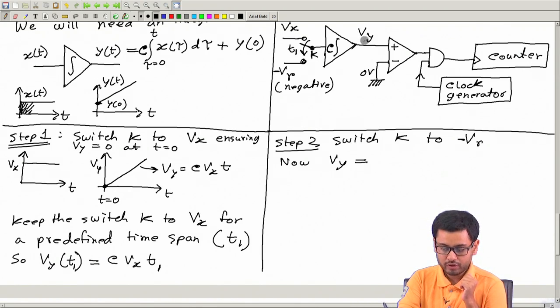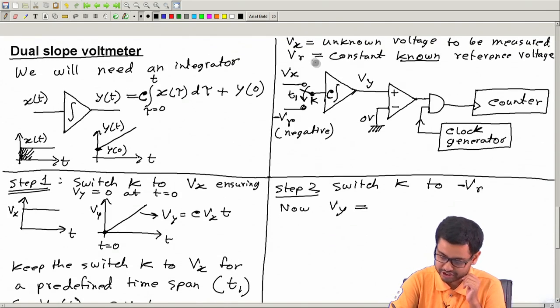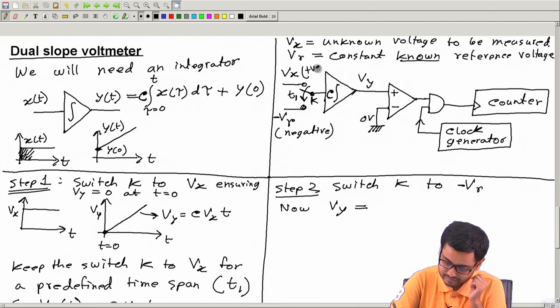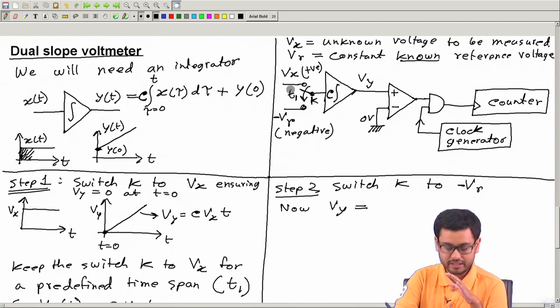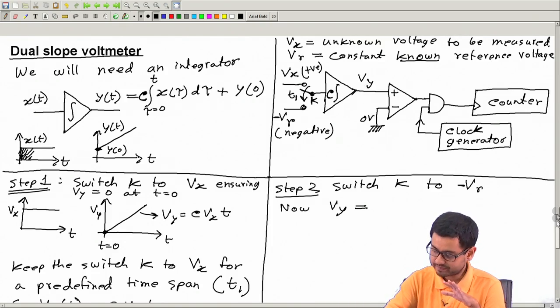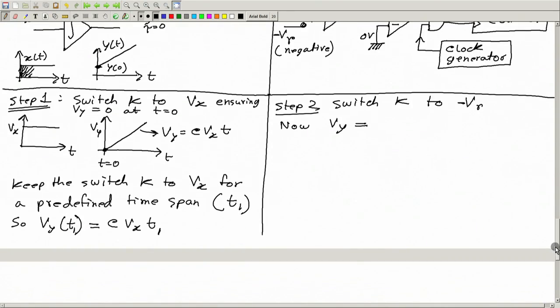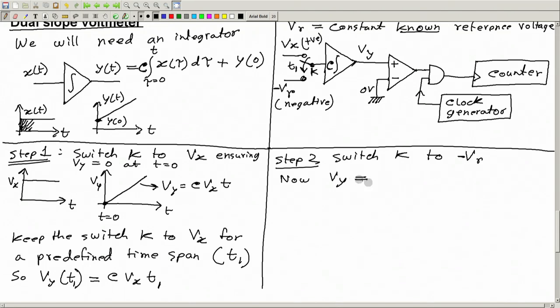So now the output will start to decrease. Previously it was increasing, now it is decreasing. That's important. So let's write now. Vy will start with this value, the starting value.